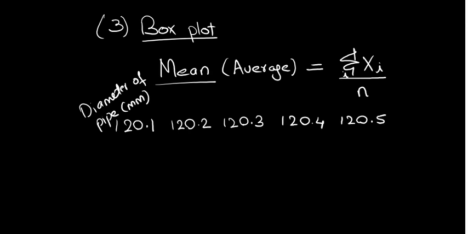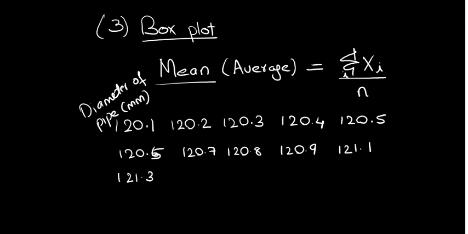Okay, so I am plotting it on 120.5, and then 120.6 is not there, 120.5 is repeated twice, then 120.7, 120.8, 120.9, 121.1, 121.3.